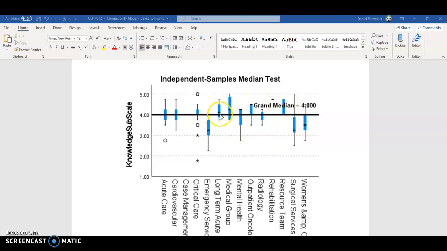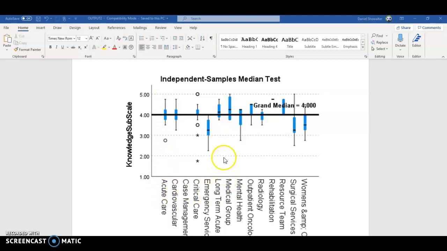So here we have the different divisions. And the grand median was the overall median on the knowledge subscales. So if you take 153 or however many there were and take the median of all the knowledge subscale averages, it should give you 4. And then here you see how the medians played out in each division.